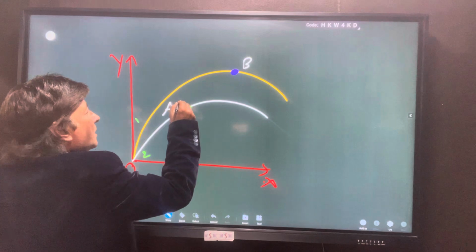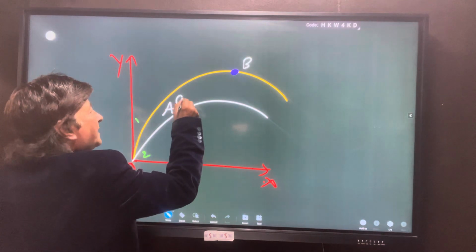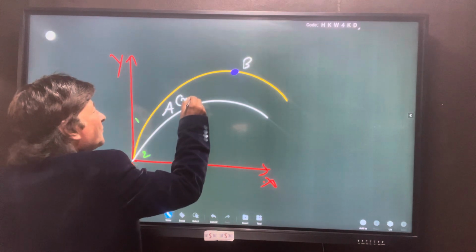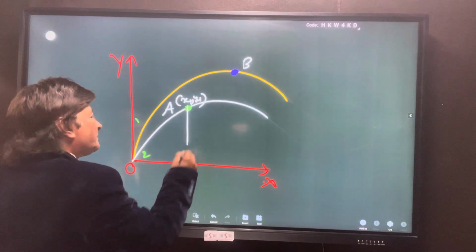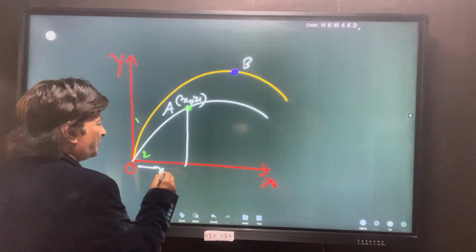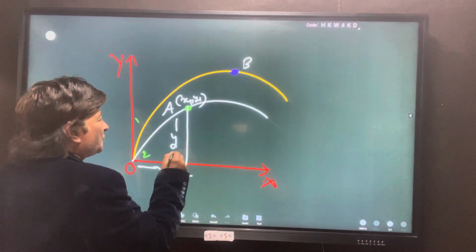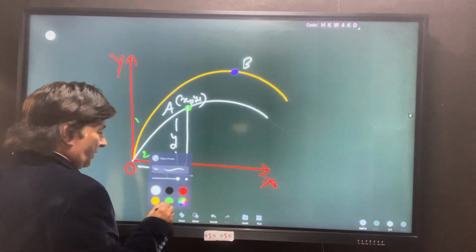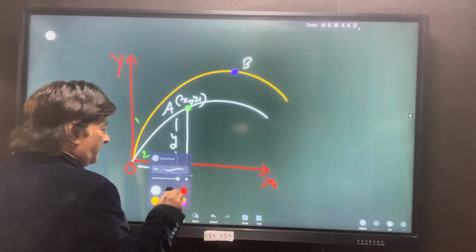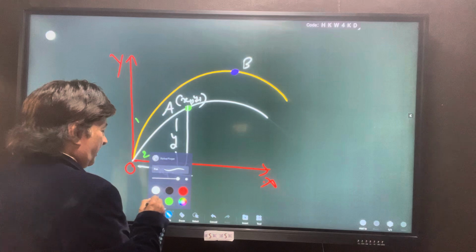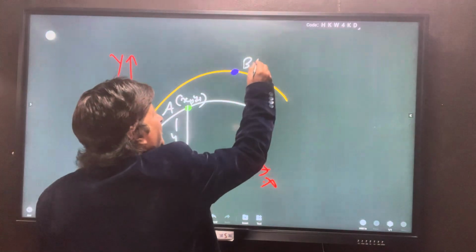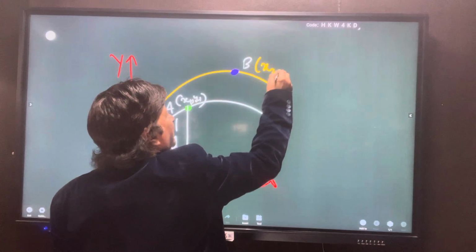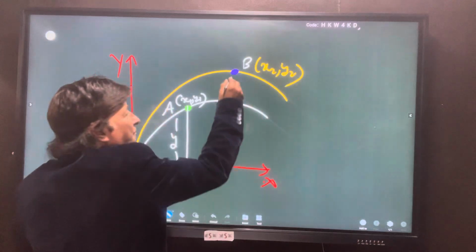Now, the first one has coordinates x1, y1, and the second observer has coordinates x2, y2.